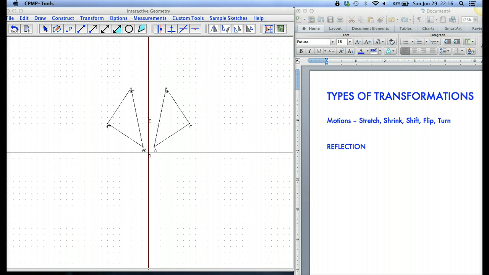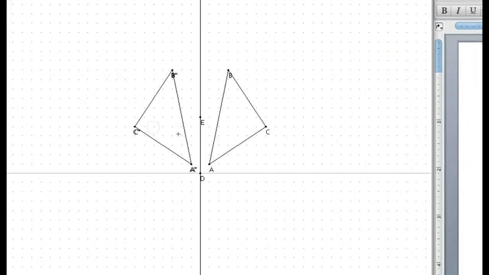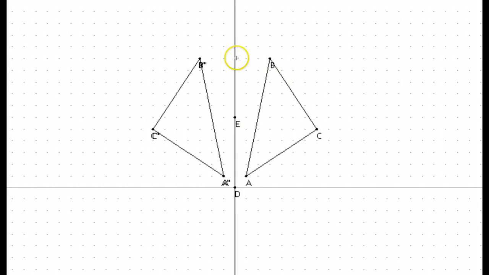I don't know if it's going to let me do it. Yep, here we go. So I'm going to zoom in on this for a second. Notice that when I flipped across this axis in the center, and forgive the drawing at the moment, from here to here we're talking about going 3 units from the y-axis. And from here to here we're also going 3 units from the y-axis.